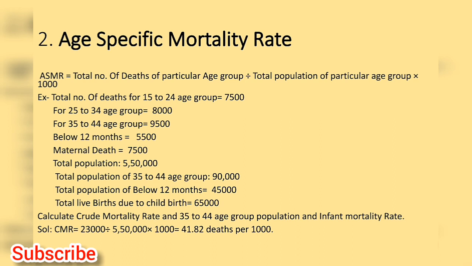It comes to 23,000, and we divide it by the total population, that is 5,50,000, and multiply by 1000. What we get is 41.82 deaths per 1000. So the crude mortality rate is 41.82 deaths per 1000.